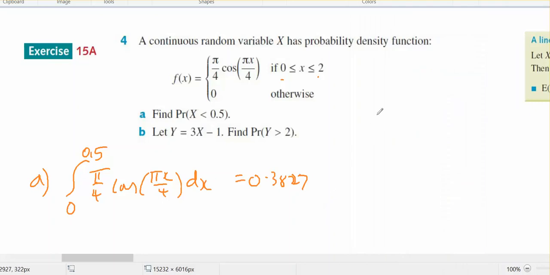So now it's asking if y equals 3x minus 1, what's the probability of y being less than 2?